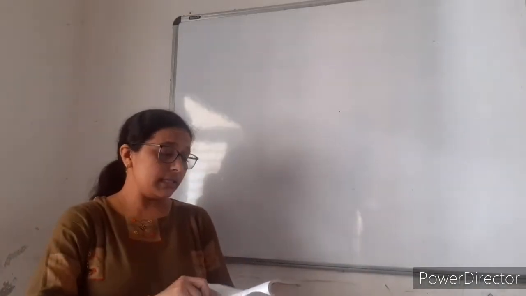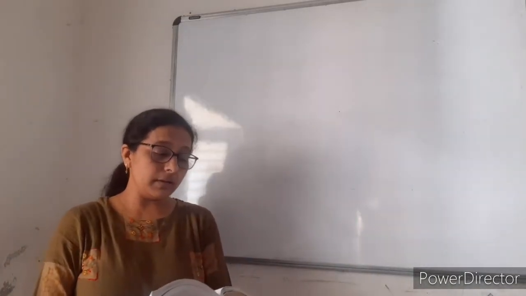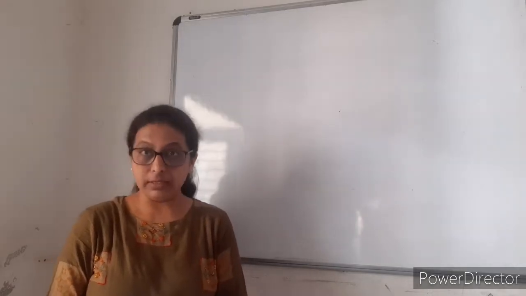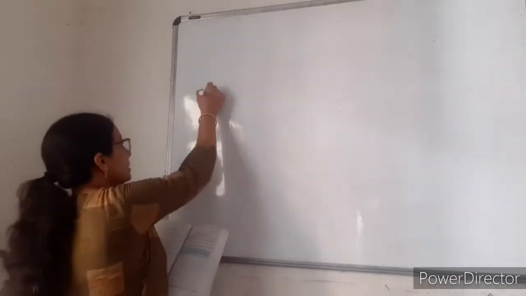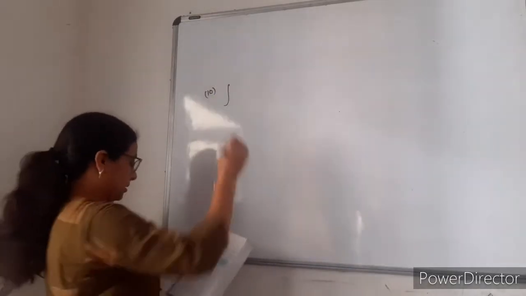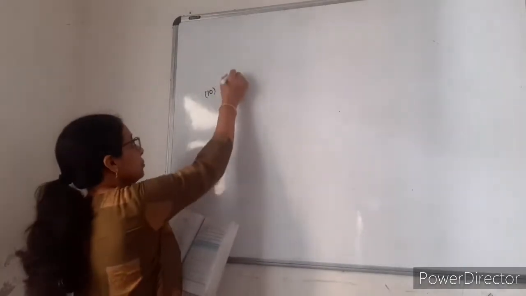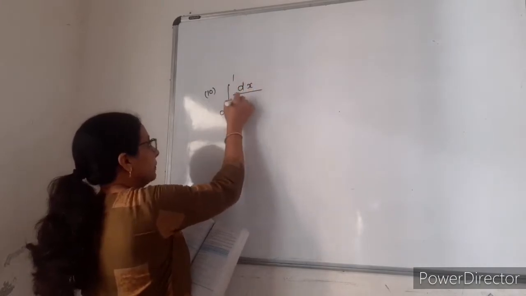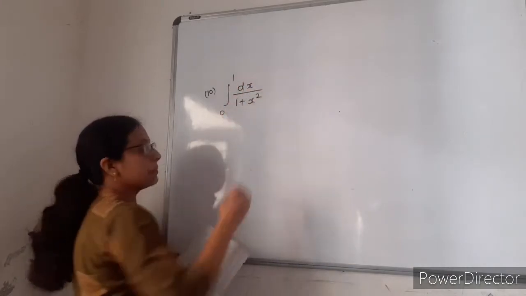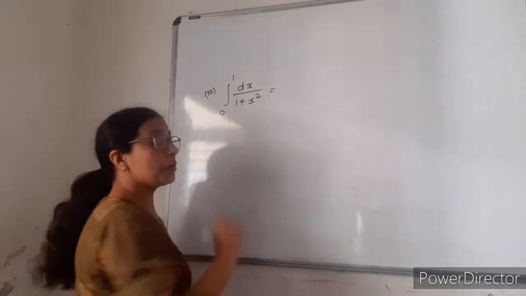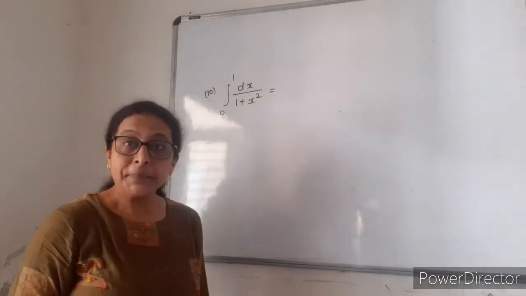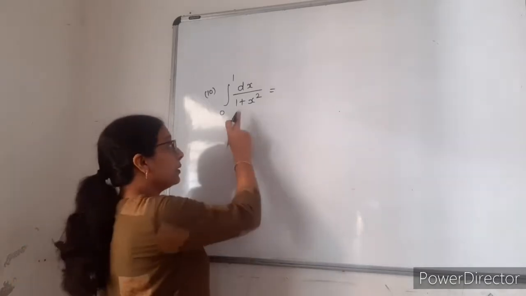Now, exercise 7.9, question number 9 we have done. Then we'll start with question number 10. Integration 0 to 1 dx upon 1 plus x square. That is equal to, this is the formula a square plus x square, that is 1 upon a tan inverse x by a.